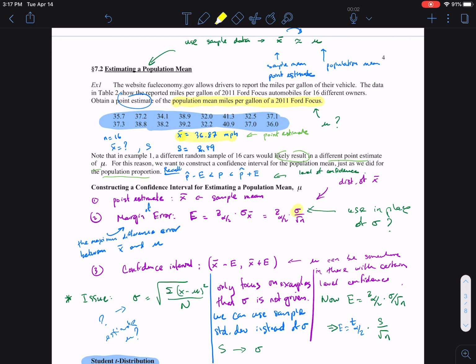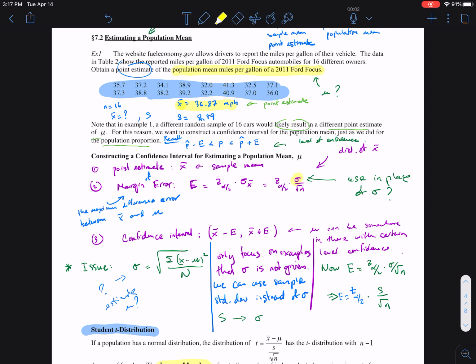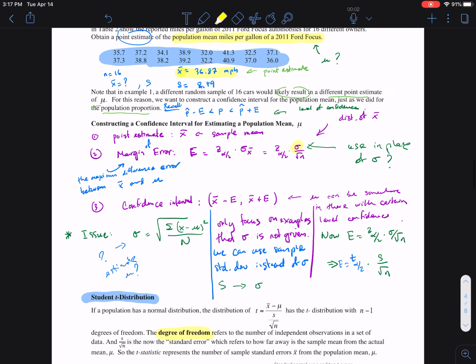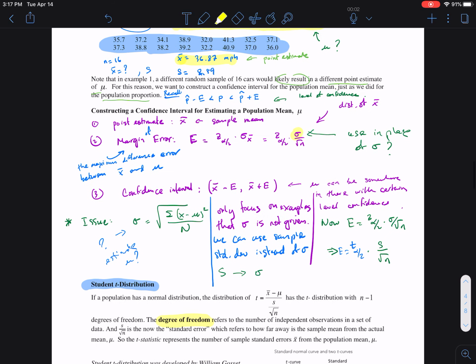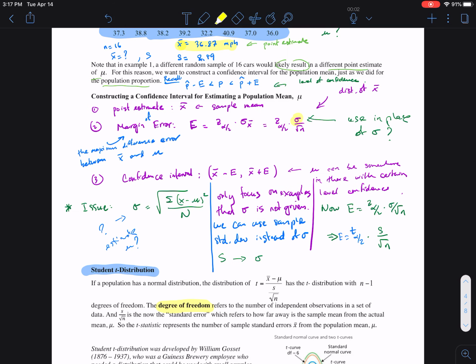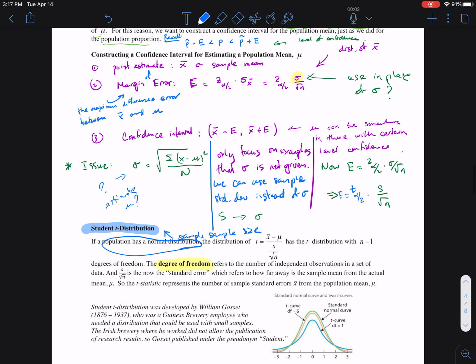Because of that, there's a bit of uncertainty, and we have a new distribution to work with, called the t distribution. Usually this is referred to as small sample size. And the data we select has to come from a normal distribution as well to make this whole thing work.